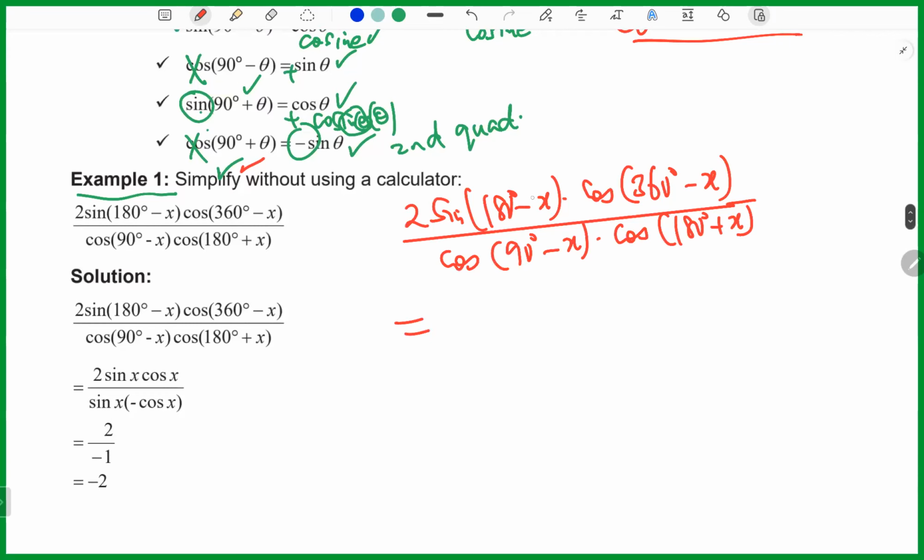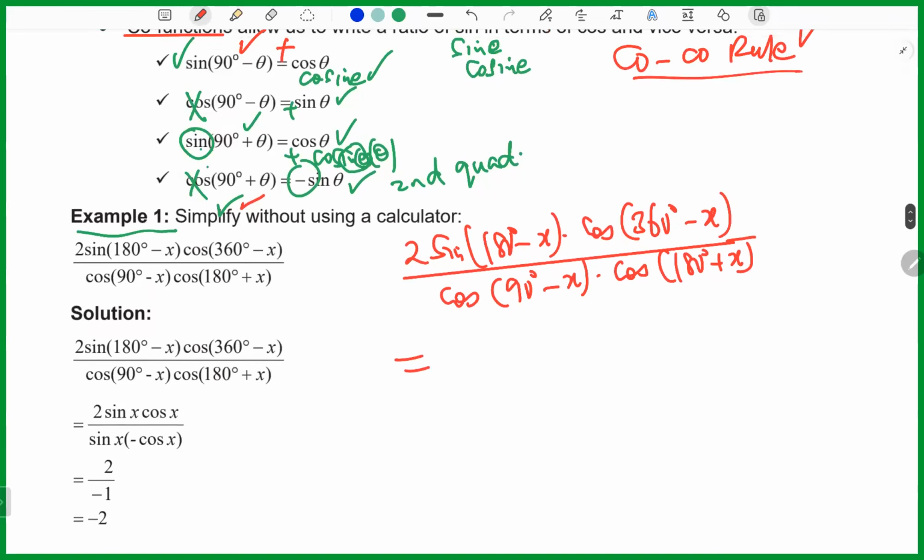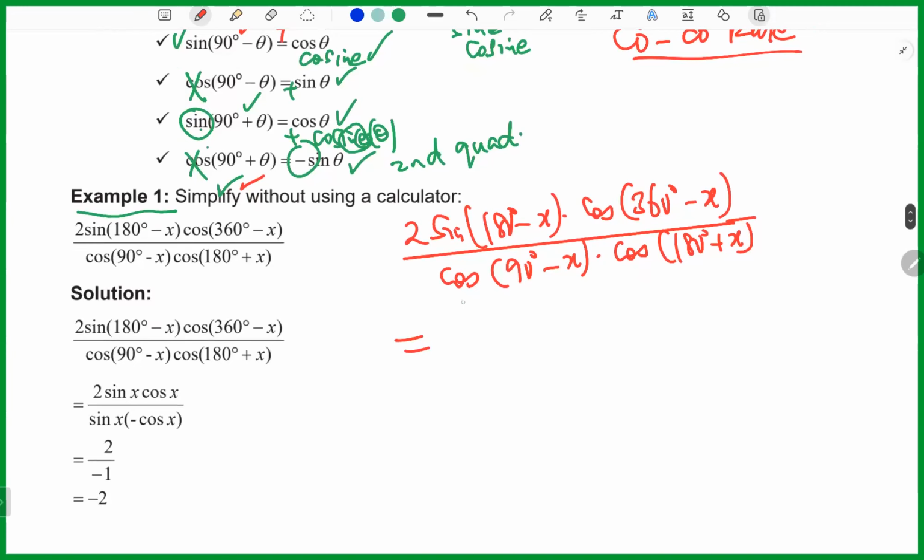Okay, 180 minus is in which quadrant? We saw that it is in the second. And in the second quadrant, the sine is what? The sine is positive. So it becomes positive sine x.